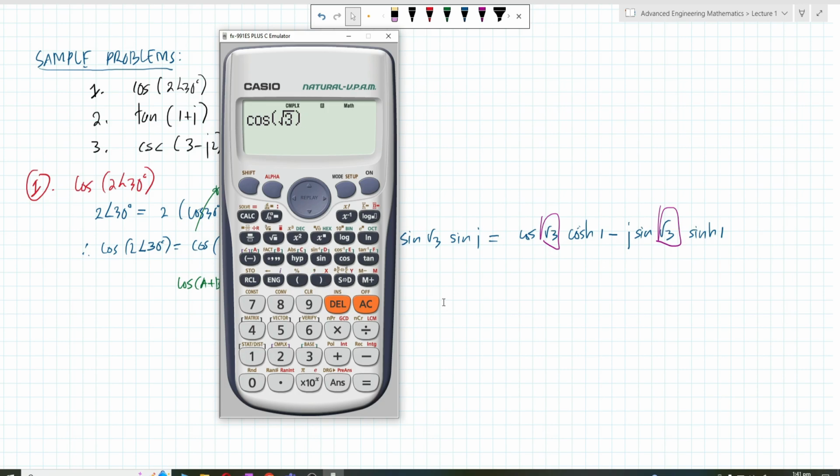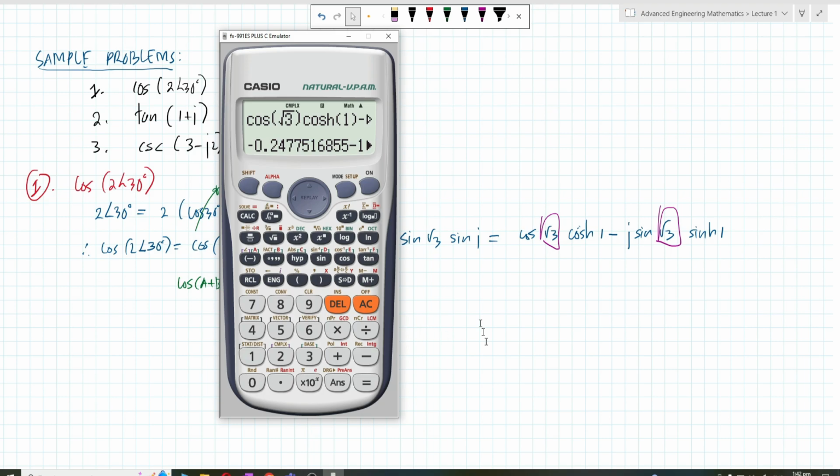Close natin. Then paano lalabasin yung hyperbolic? Meron kang nakita na hyp. Hyperbolic yan. So, hyp, and then asan yung cosine number 2? Then 1. Then minus j or I. Walang j sa calcu, so you choose I. Sine square root of 3. And then sine hyperbolic, hyp, sine 1. Equal.